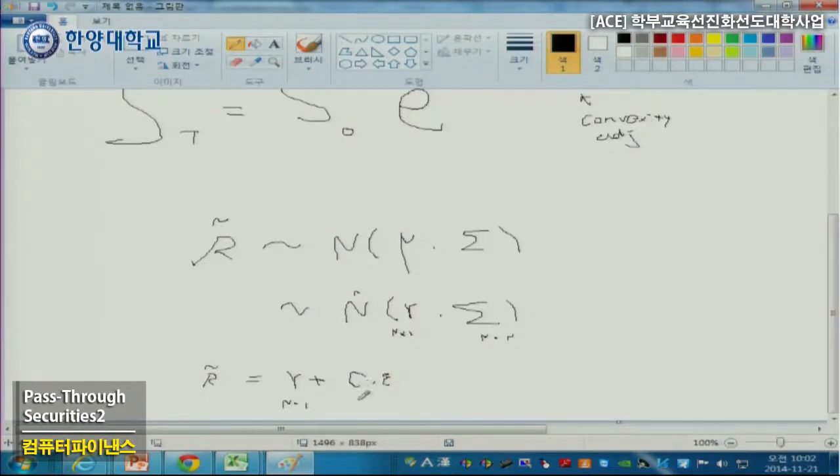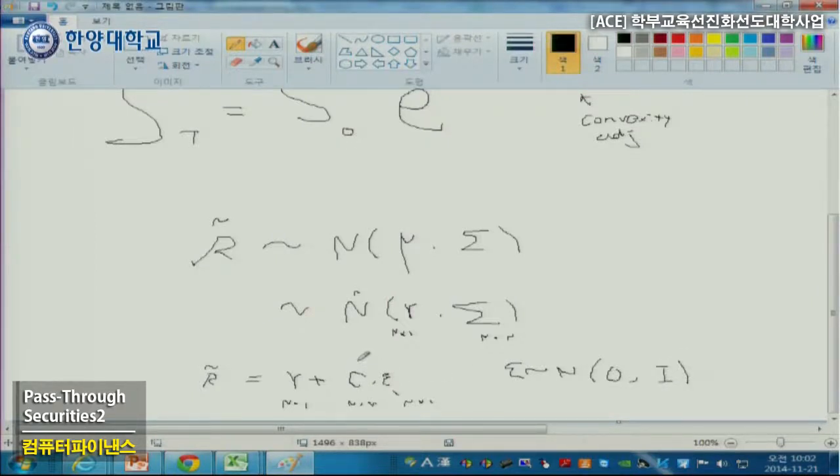C is an n by n matrix, and epsilon is an n by 1 vector. Epsilon is distributed with a standard normal distribution, so the mean is 0 and the variance covariance matrix is just the identity matrix.